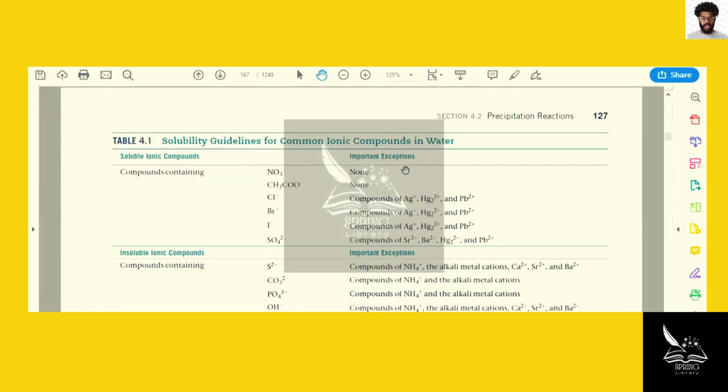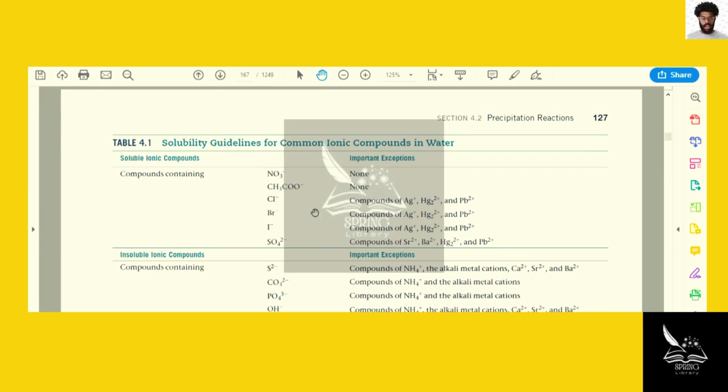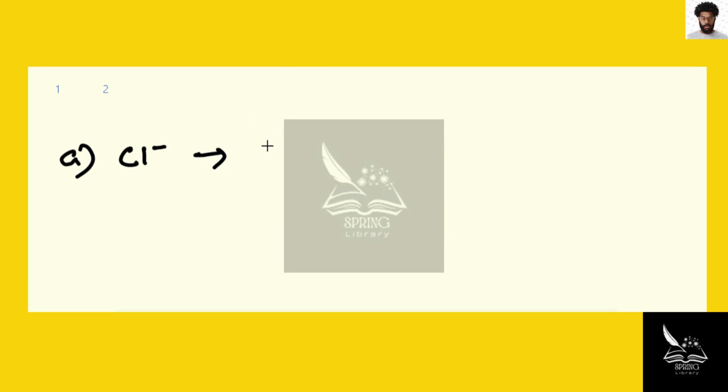If you look at the solubility chart, normally all chlorides are soluble, but there are exceptions: chloride compounds of silver, mercury, and lead are insoluble. That means chloride can form insoluble ionic compounds, so chloride cannot always be a spectator ion in a precipitation reaction.